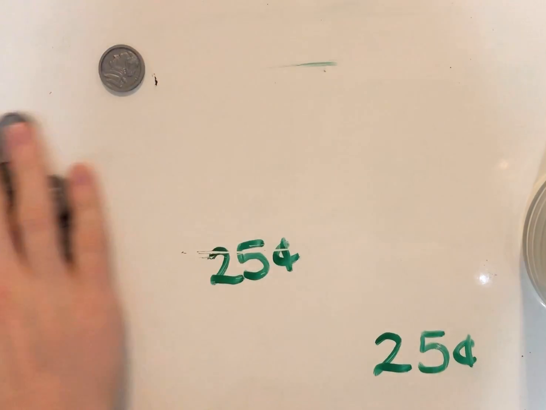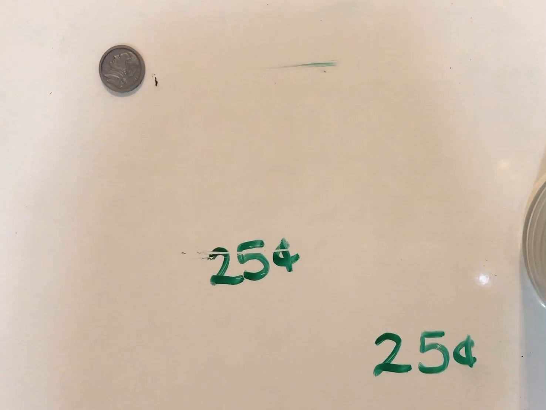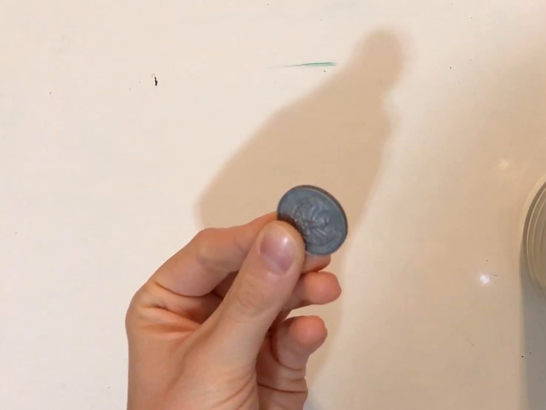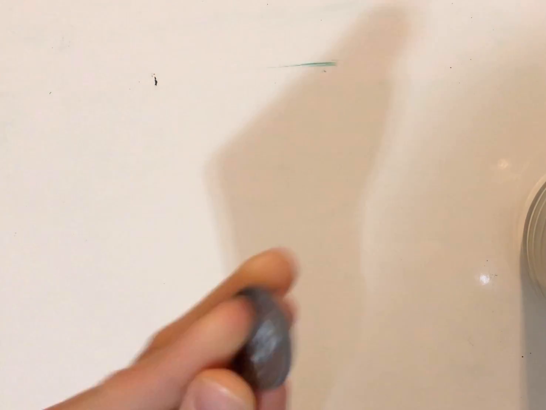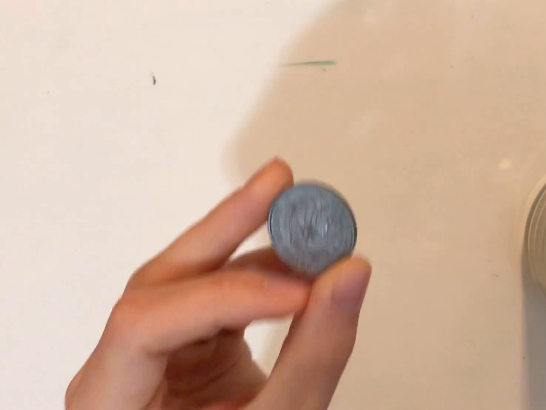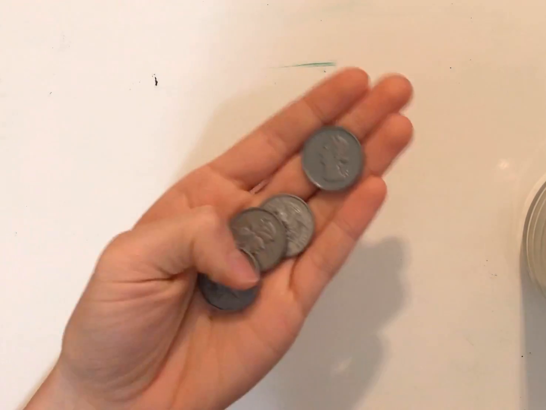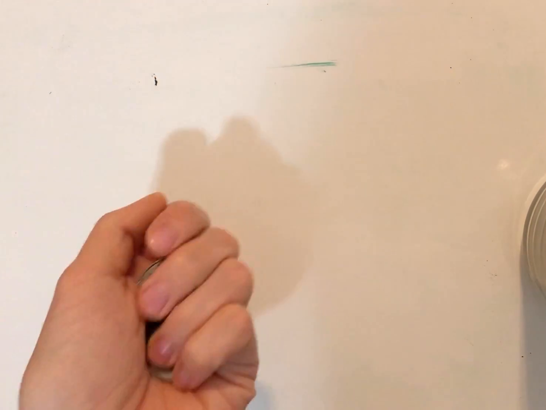I'm just going to go over a reminder again that a quarter is worth 25 cents, and that we are going to count by 25s if we're going to use it. So 4 of these would be equal to $1.